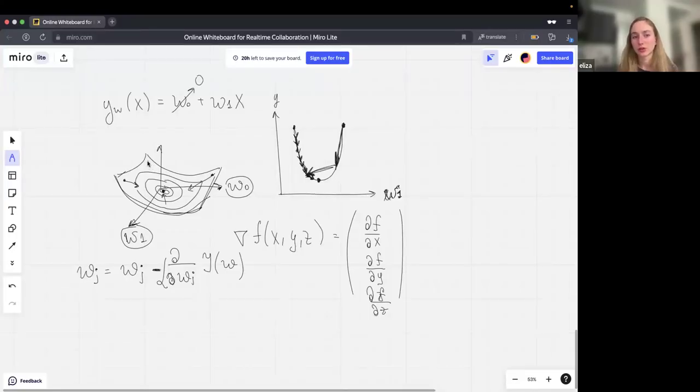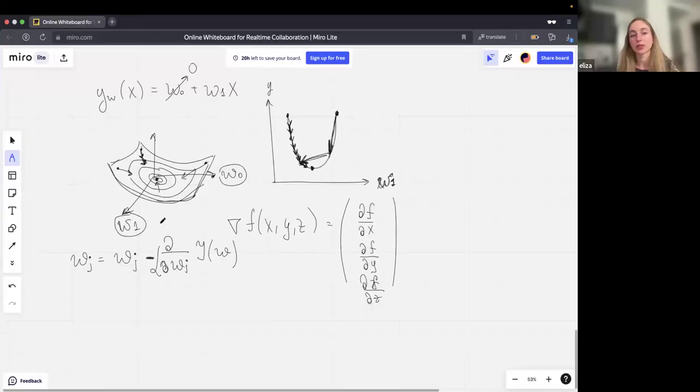Analogously, in this situation you start from this point and you need to define the size of your step. Okay, that is how gradient descent works.